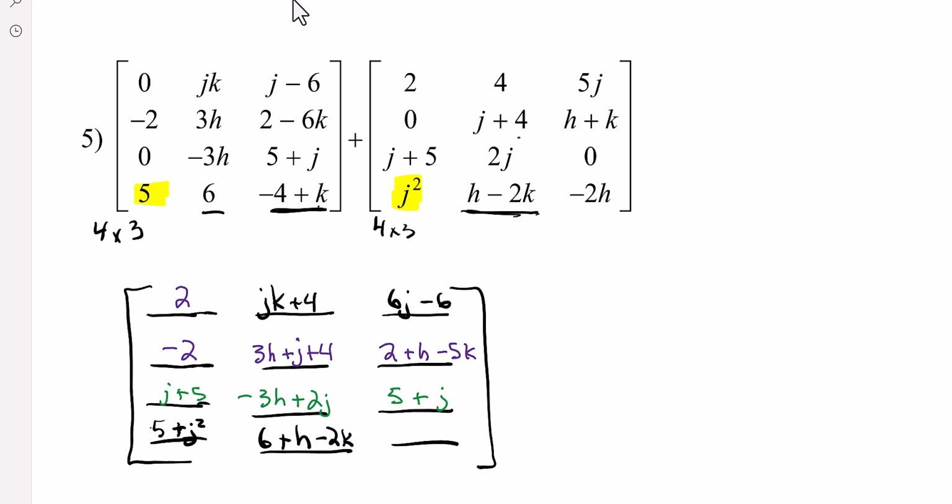And then we've got negative 4 plus K minus 2H. The letters aren't the same, so we can just write negative 4 plus K minus 2H. And then this one would be the answer.